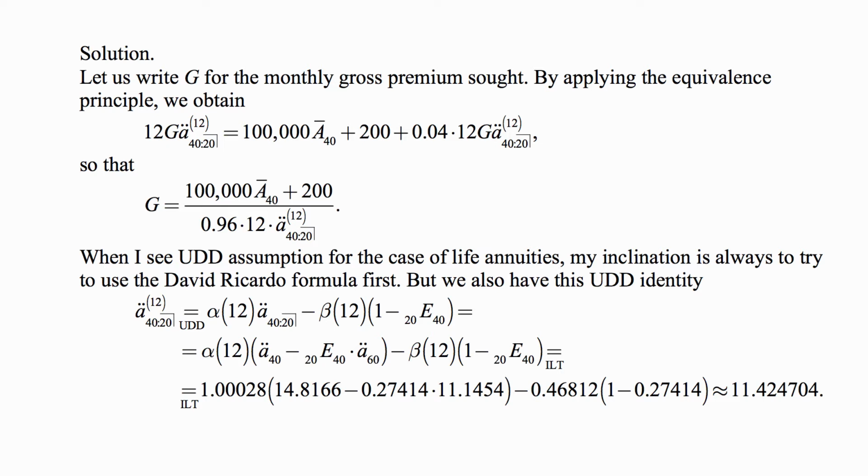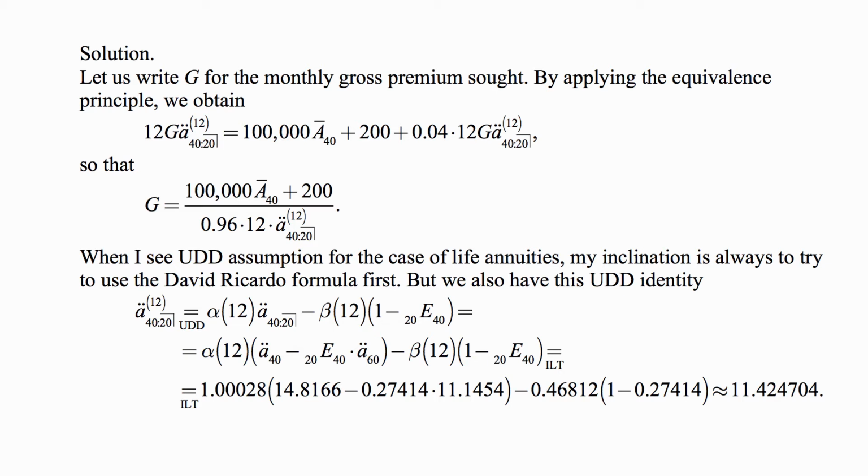Using the uniform distribution of deaths assumption, we can switch from a continuous life insurance actuarial present value, or single benefit premium, to the fully discrete, which is in the table, and the monthly annuity could be switched to an annual annuity for which the actuarial present values are in the table.